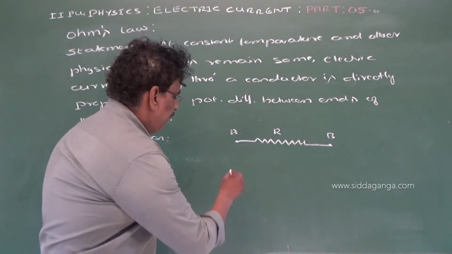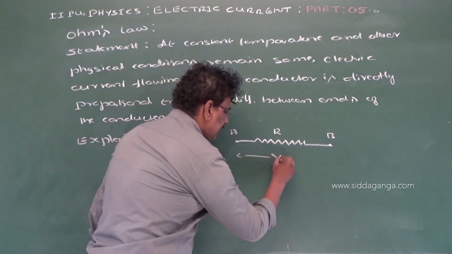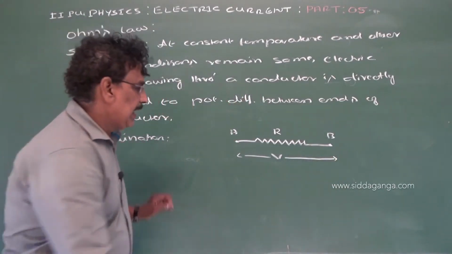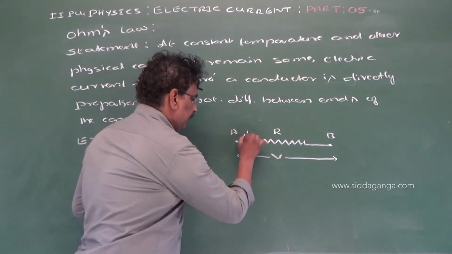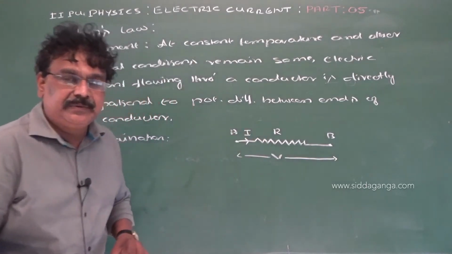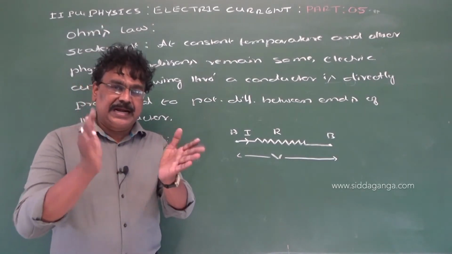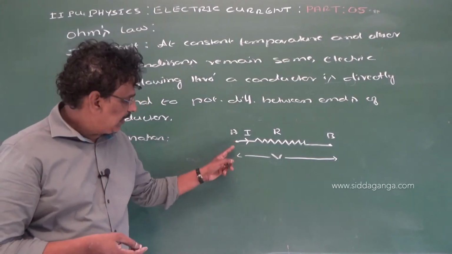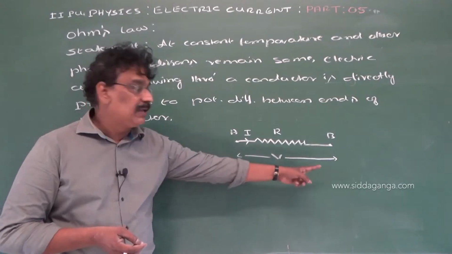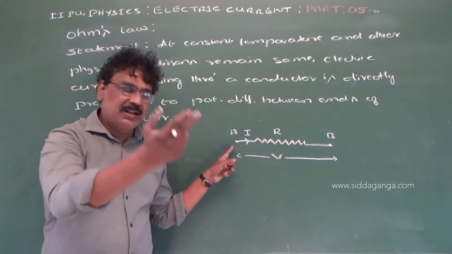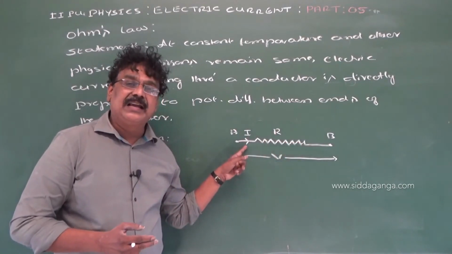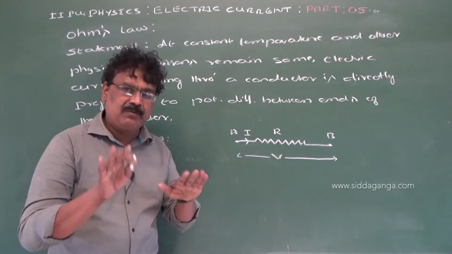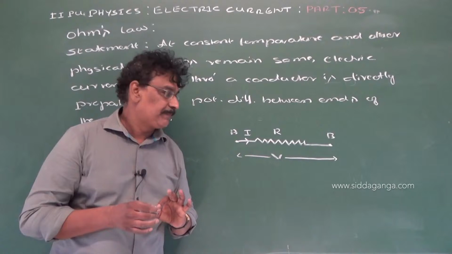Now, a potential difference is applied across the ends of the conductor, and a current I flowing through the conductor, right? Now, see here, the conditions for the flow of electric current between 2 points. Condition number 1, there must be a potential difference between the 2 points. Condition number 2, there must be a conducting path, right? That conducting path is provided by a conductor. Now, it is represented by R, right?